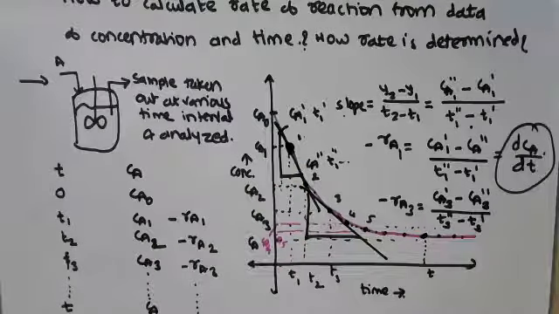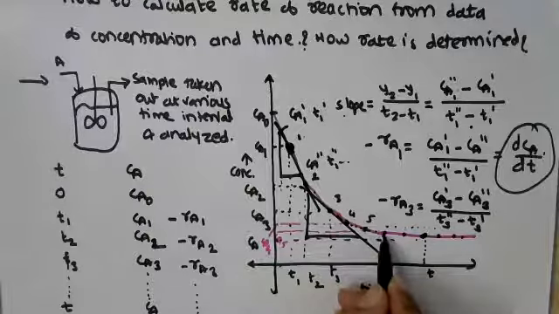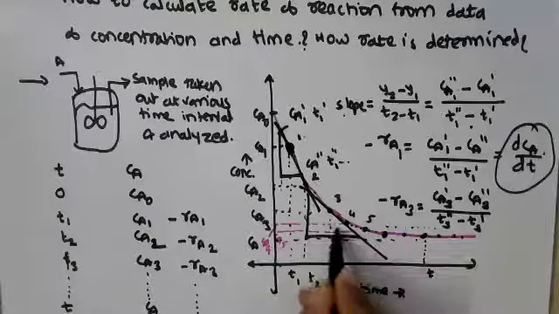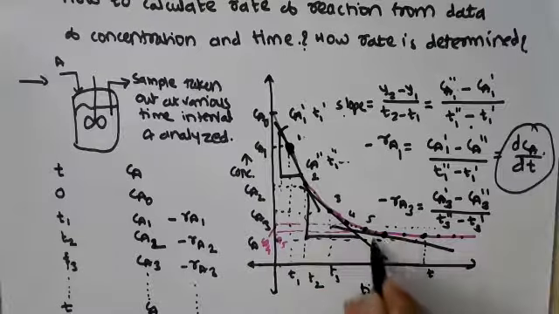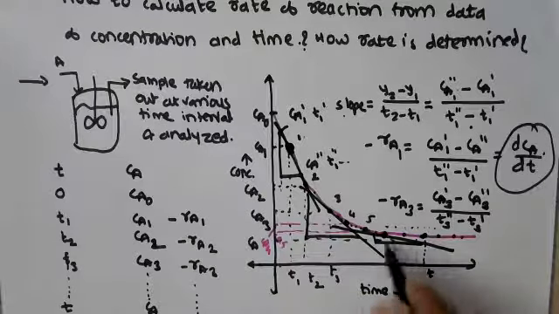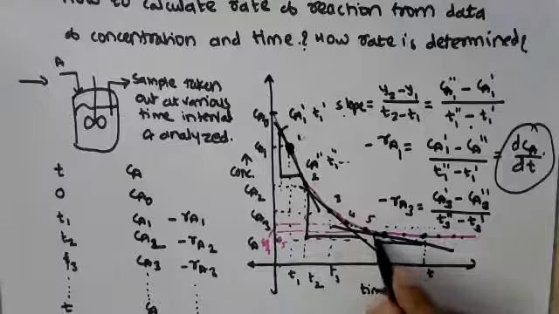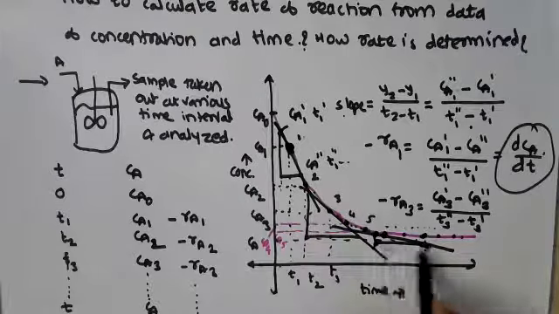Now, just for the sake of your understanding, suppose I consider this point, and if I draw a tangent, then the slope will be very less. Now, slope represents the change in concentration over change in time: this vertical line represents the change in concentration, and this horizontal distance represents the change in time.